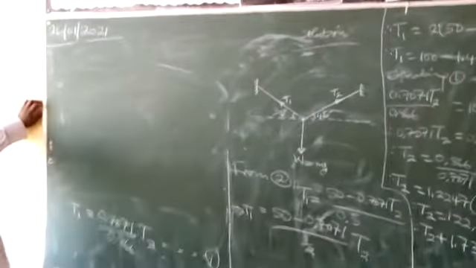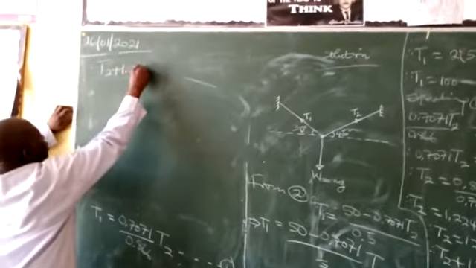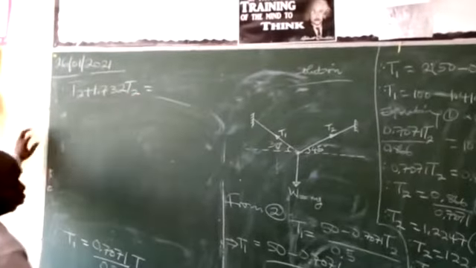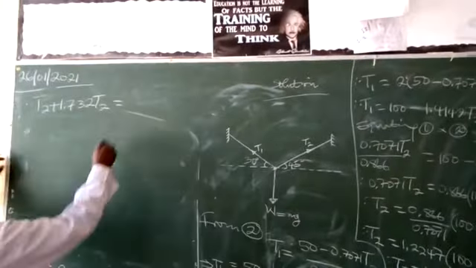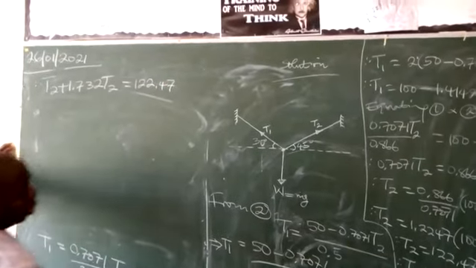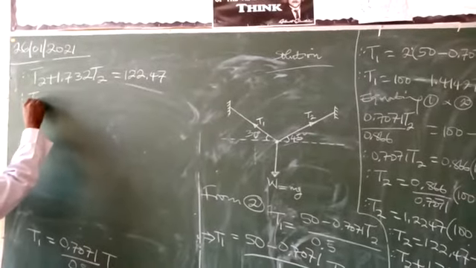Let me reduce that. T2 plus 1.732 T2 equals 122.47. Then I can factorize.